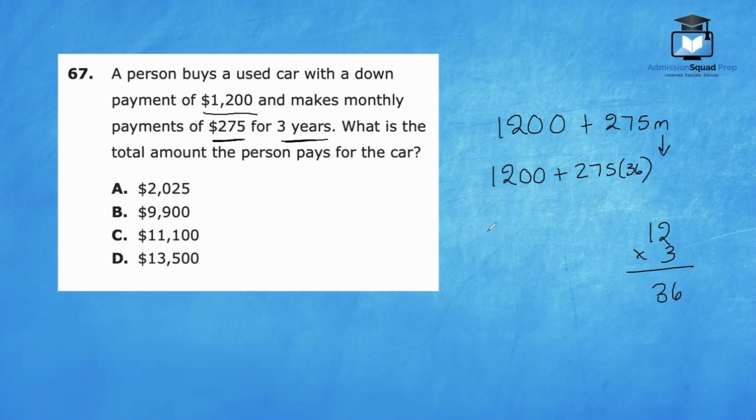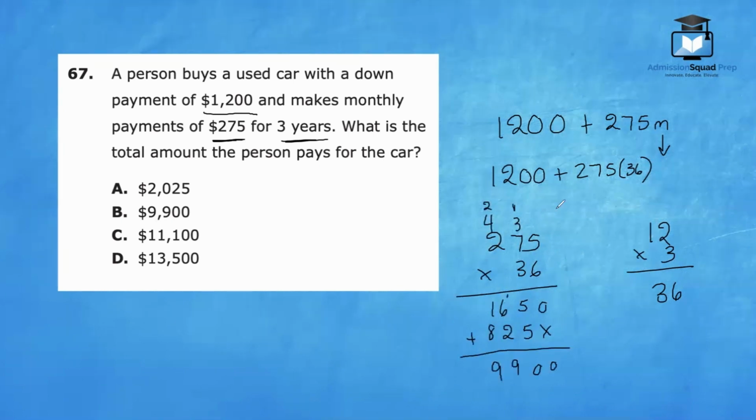Let's start multiplying. 275 times 36. Let's see what we have. After multiplying 275 by 36, we get $9,900. So this is the amount that was paid out over the course of the 3 years.